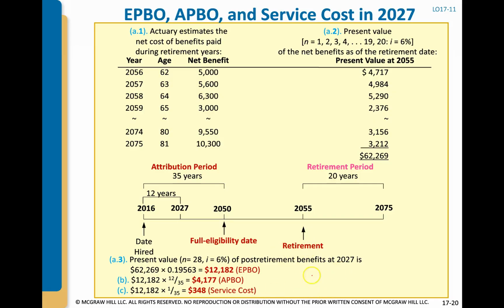And the service cost, each year we have a service cost, and we're going to take the EPBO, that 12,182, and look at the attribution period of 35 years, and each year 1/35 of that is going to be the service cost. And so we would debit post-retirement benefit expense, just like with pensions it would be a pension expense, and credit the liability. And in this situation that equals $348.